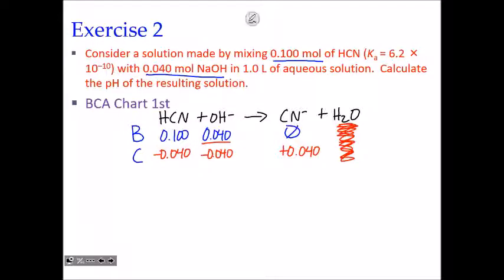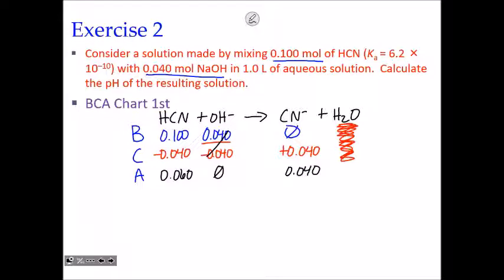So then afterwards, go ahead and calculate here. This should be 0.060, and this goes down to 0. And then we have 0.04. So this is the basic setup here of the moles.